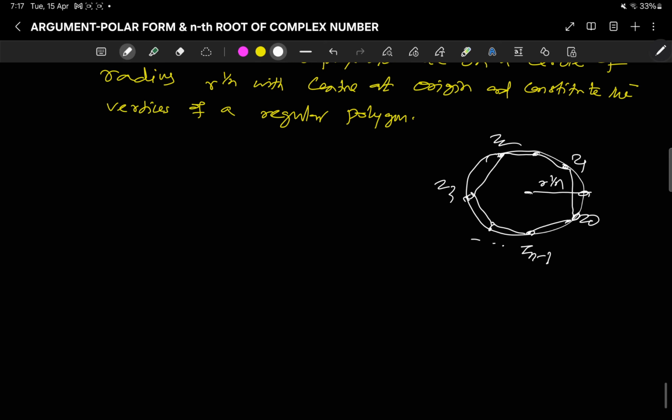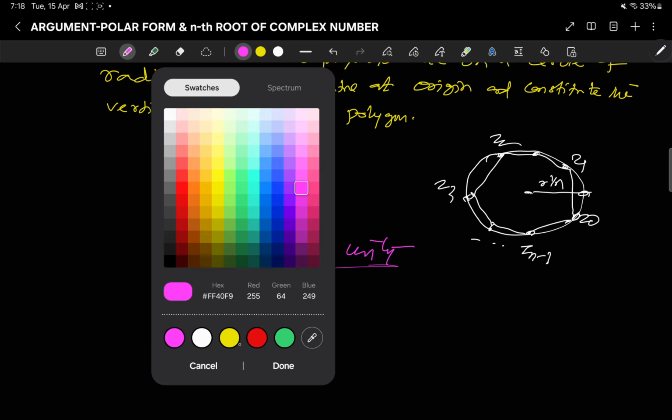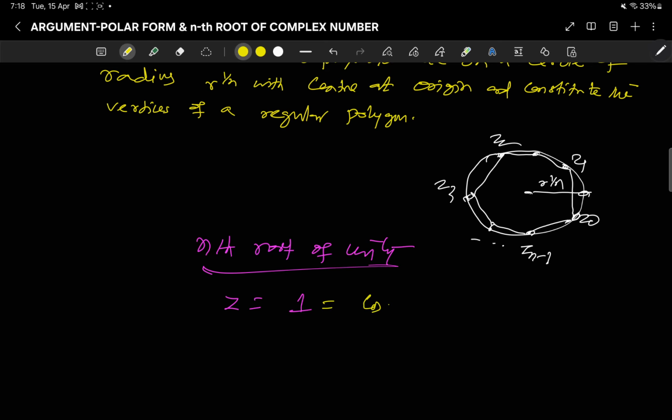Now if we restrict to the nth root of unity, here z is equal to 1, and 1 lies here.